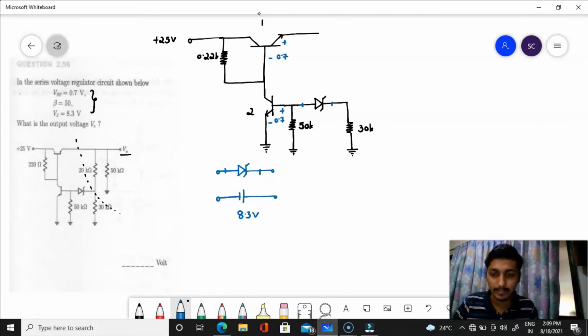So it will get replaced by an 8.3 volt battery. The Zener is in the breakdown region. I will make this string also 20k.